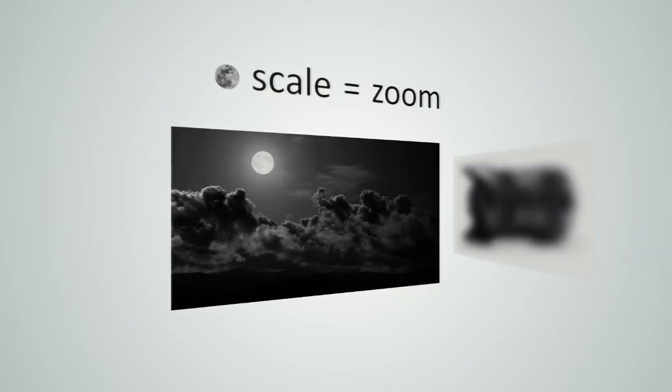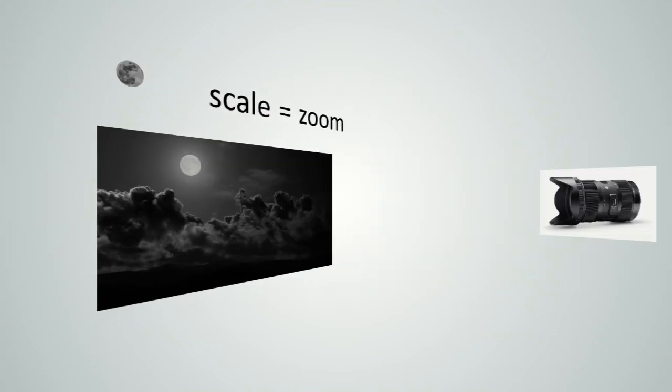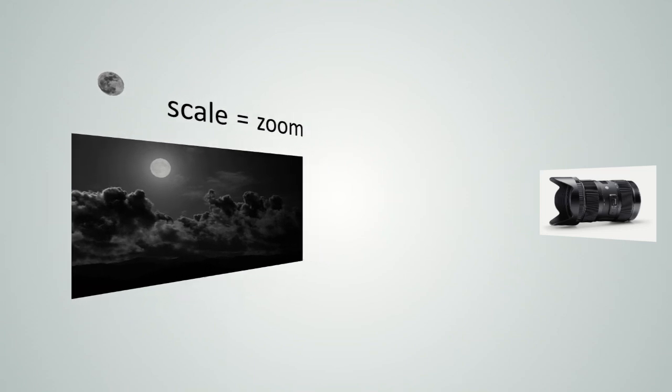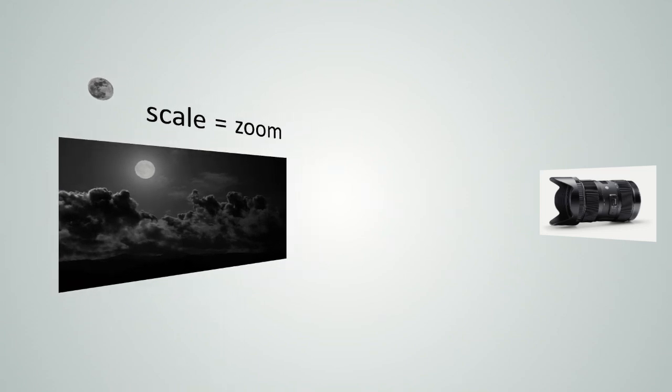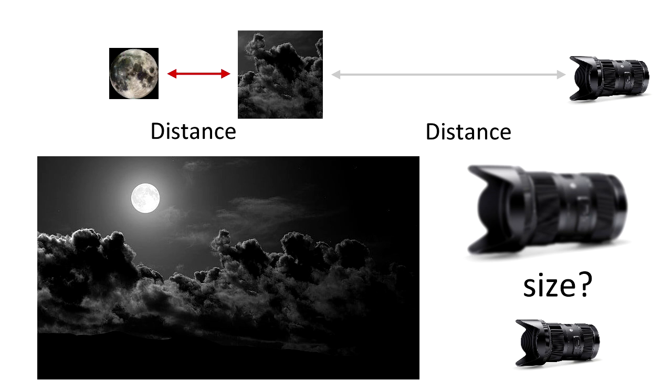Now, when you focus on the moon and the clouds, if the moon was far away, you would have to set a completely different focal range. In fact, it wouldn't be within your abilities of your lens to focus on a moon that's 400,000 kilometers away.